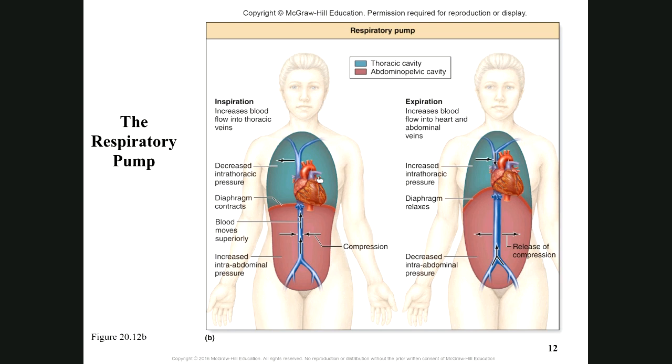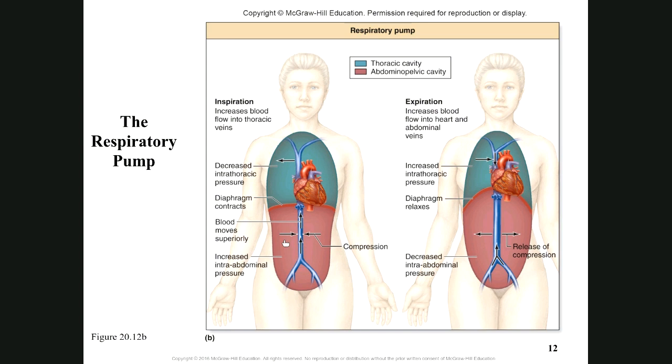First, I want to talk about the inspiration or inhalation. As you see in this picture, at the time of inhalation, our diaphragm contracts and comes down. When it comes down, it can make pressure on the abdominal cavity and abdominal viscera.